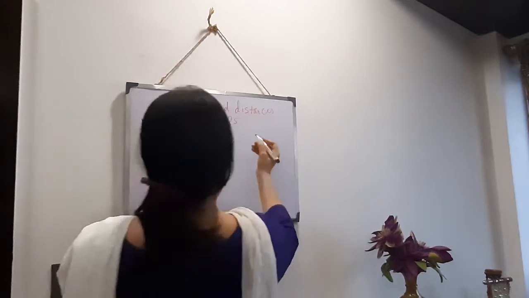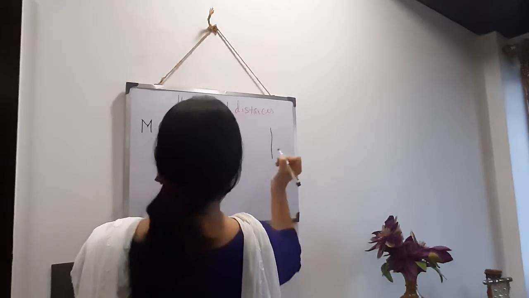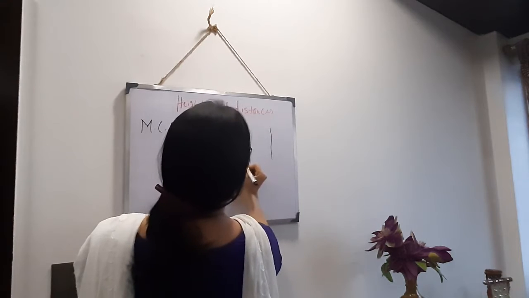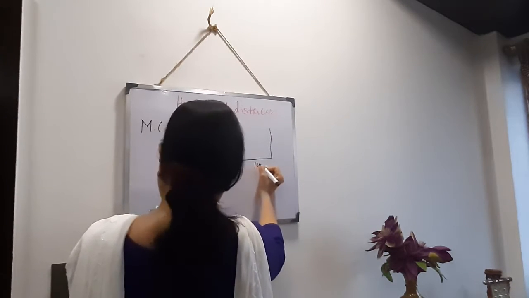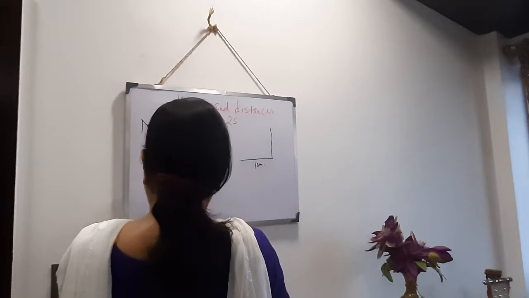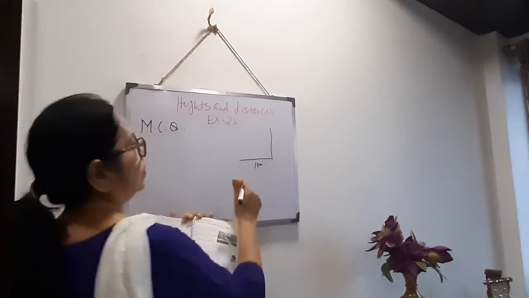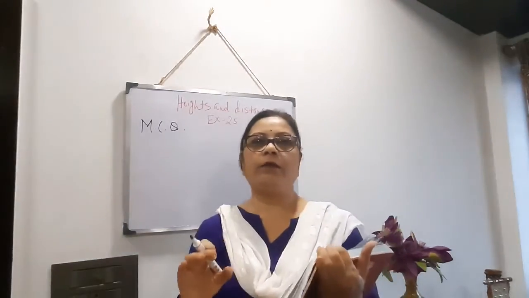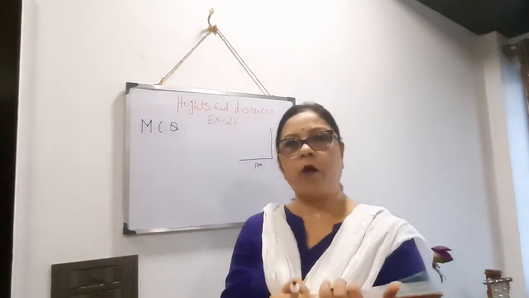This is the mobile tower, and some observer is standing at a distance of 10 meters from here. This is 10 meter. Here the height of the observer is negligible, you will consider the observer as a point.